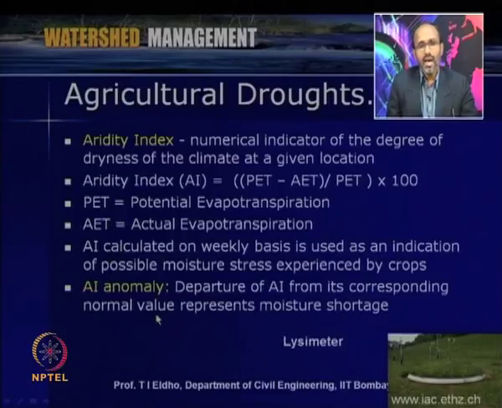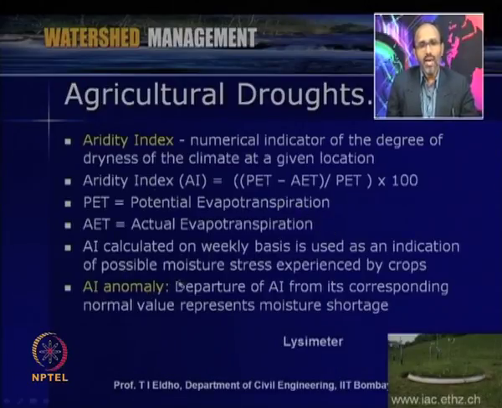The aridity index we can calculate either on a weekly basis or once in 2 weeks, like that. And it is an indication of possible moisture stress experienced by the crops. So, we have to calculate the potential evapotranspiration by equipment like a lysimeter in a particular region, and then based upon these calculations we can find the aridity index.